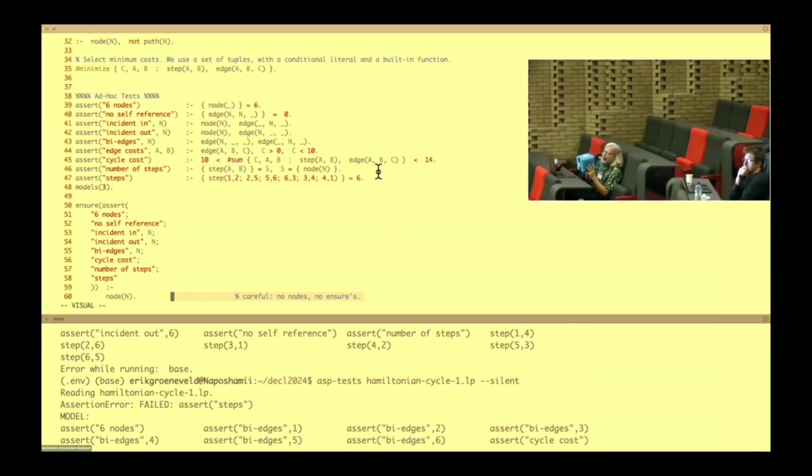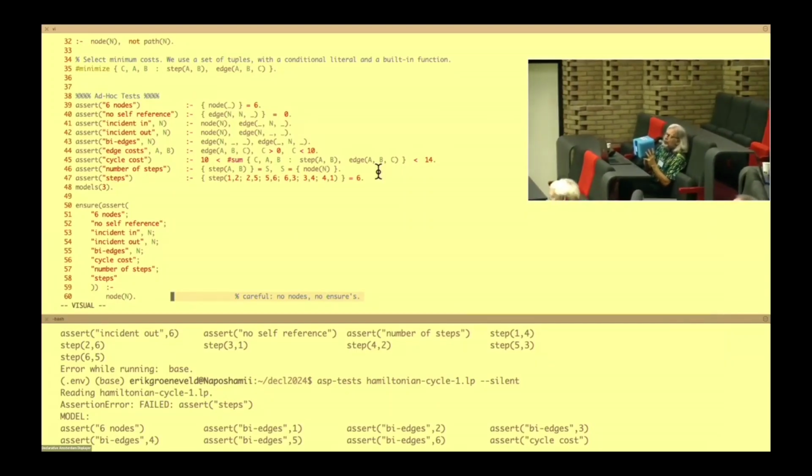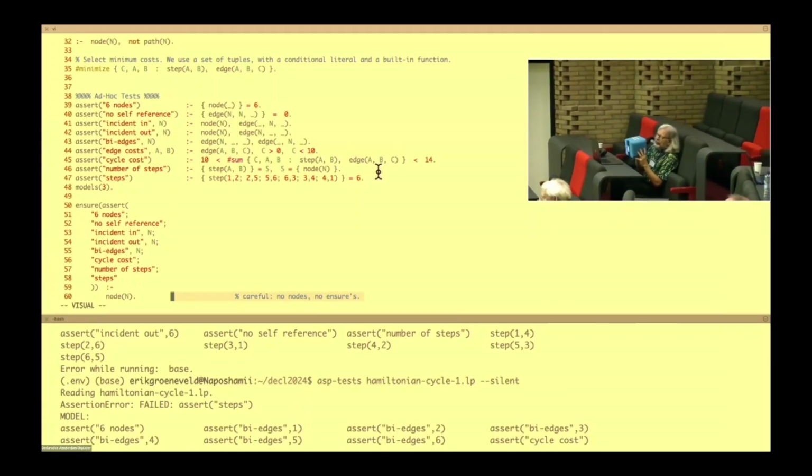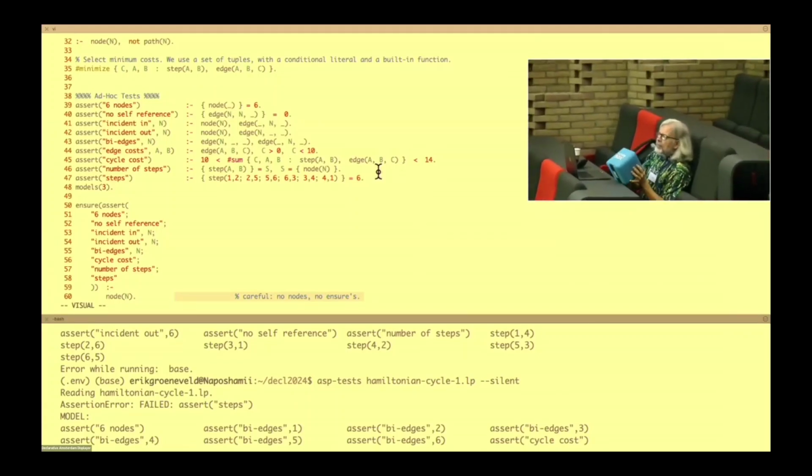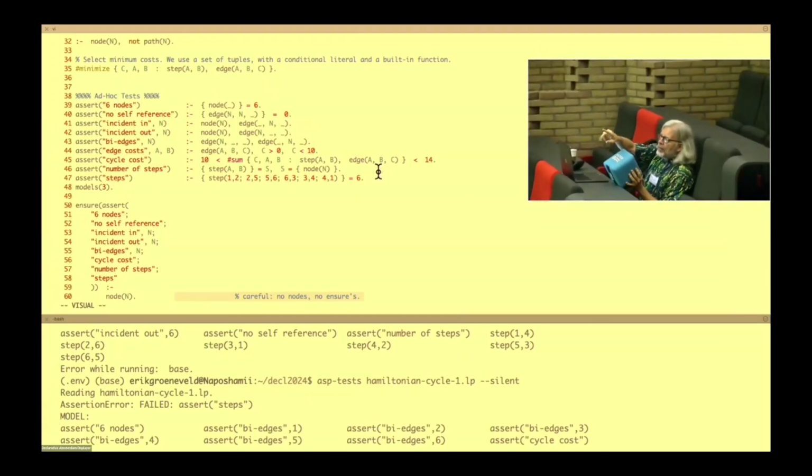How did you author line 47? The particular path that is described in line 47. Did you think of that, or did you take that from the answer set? I took that from the answer set, from a previous run. Yeah, okay.